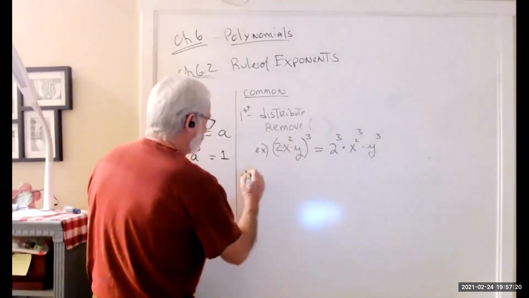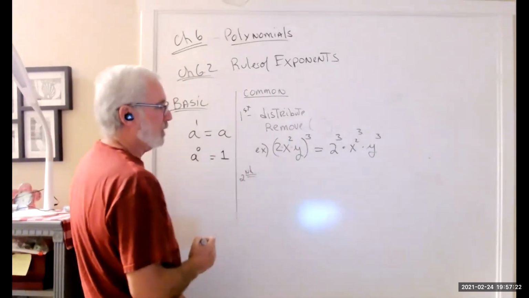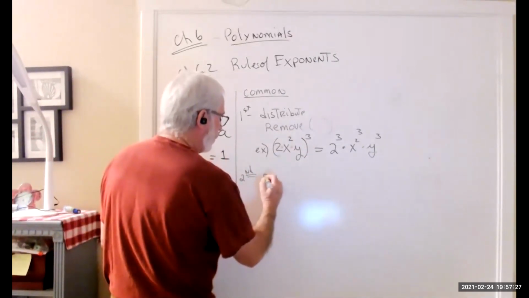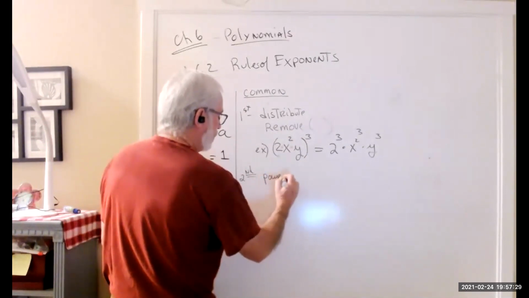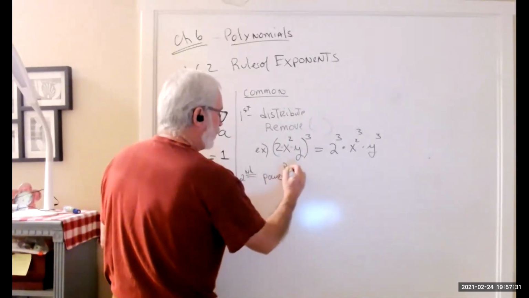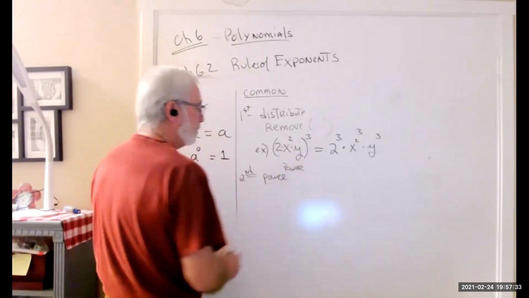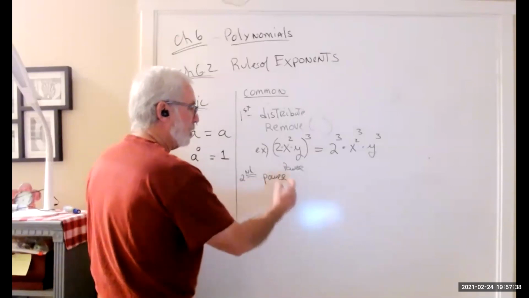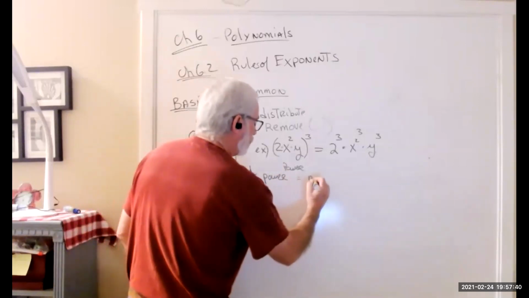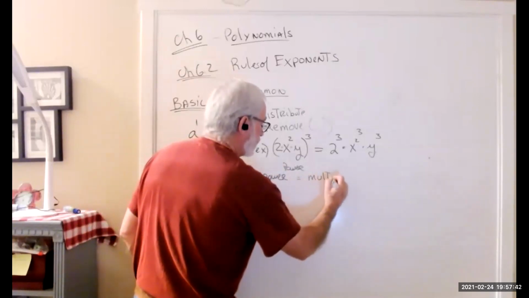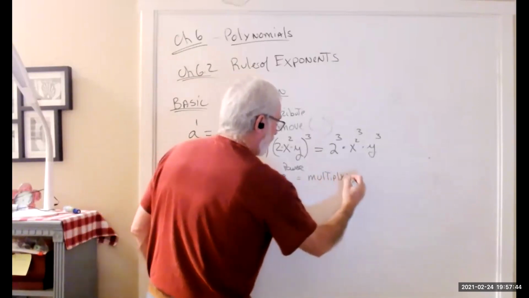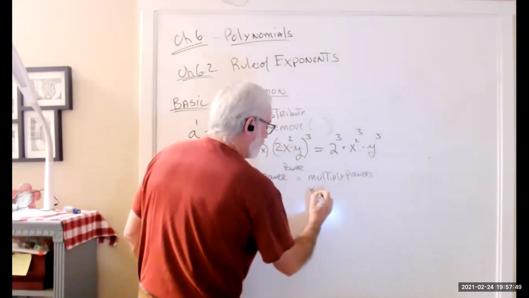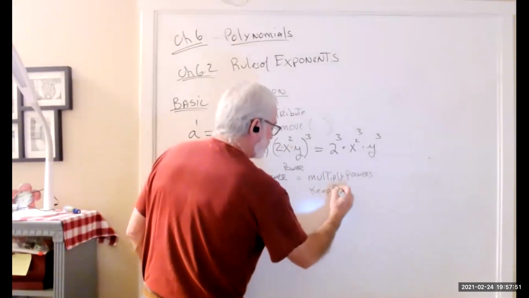Our second rule is if you have a power raised to another power, a power to a power, you're going to multiply the powers, but you're going to keep the base number.